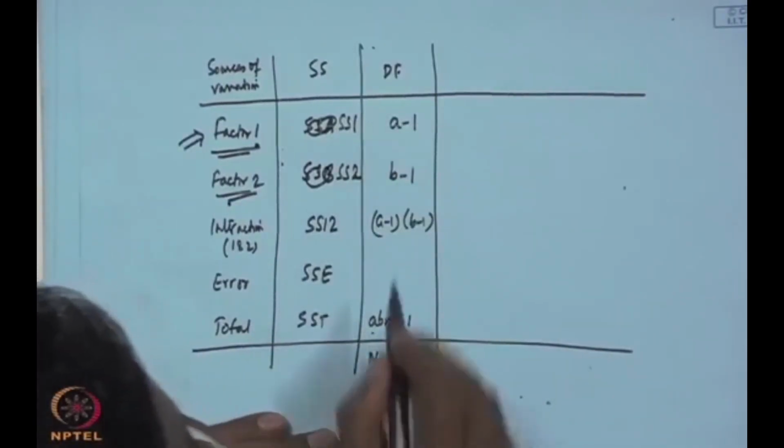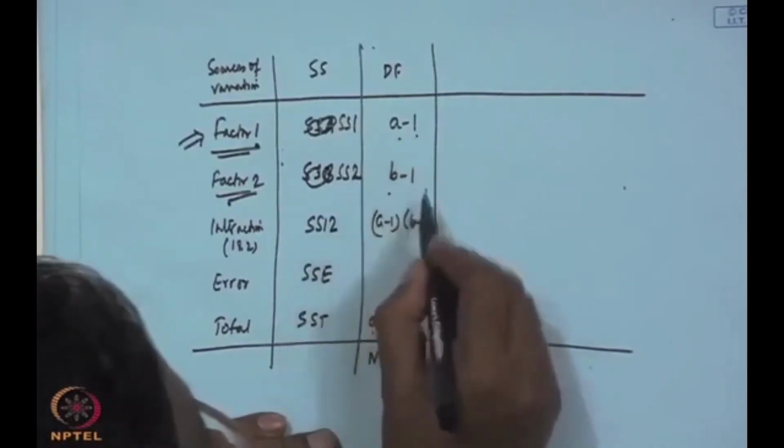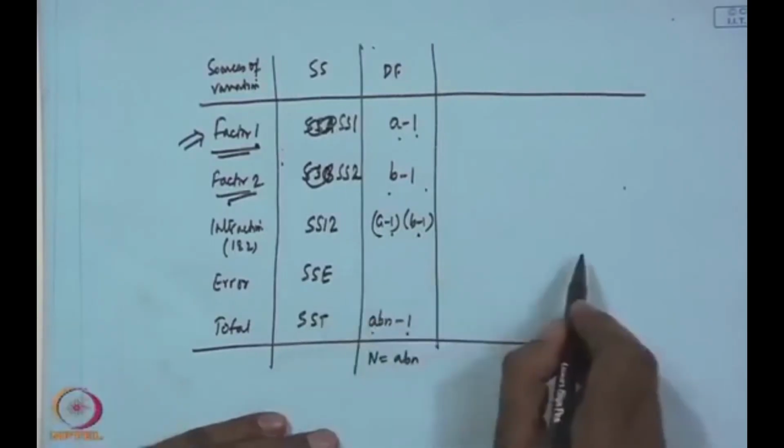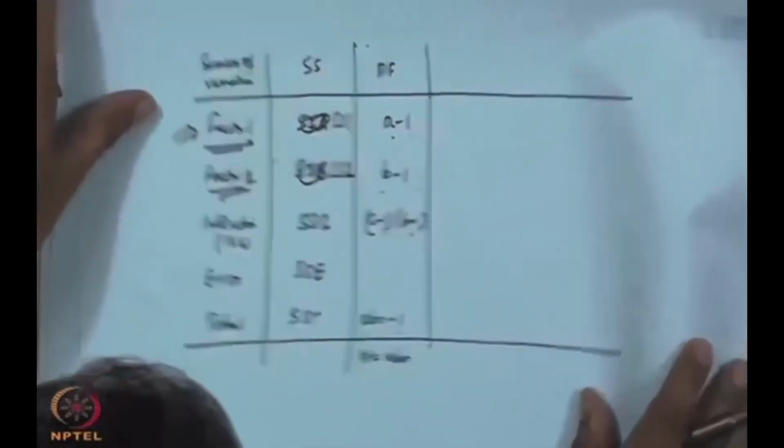ABn minus 1 minus (A minus 1) minus (B minus 1) minus (A minus 1)(B minus 1), because total will be this. So, what will be this value?